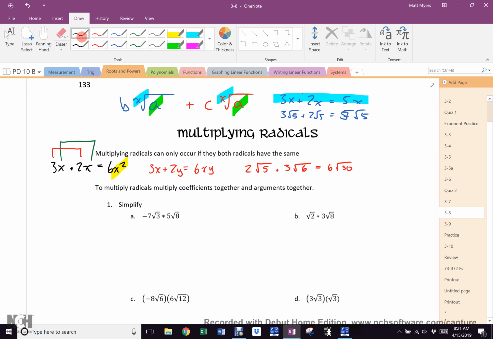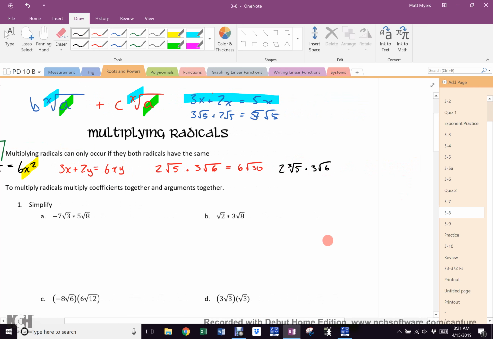Now, what if I did this? 2 cube root 5 times 3 square root 6. What do you think that answer is? Six. Keep talking, Ekam. 6 cube root, but are these the same base?